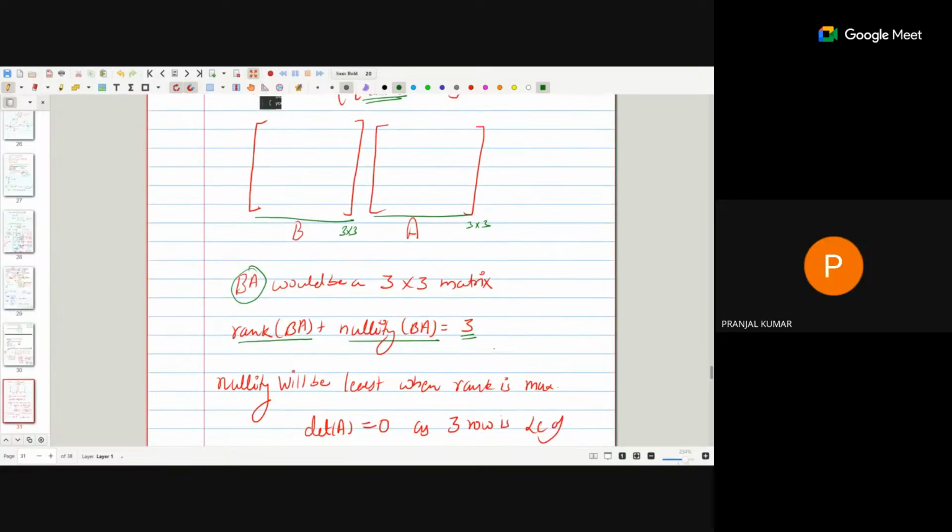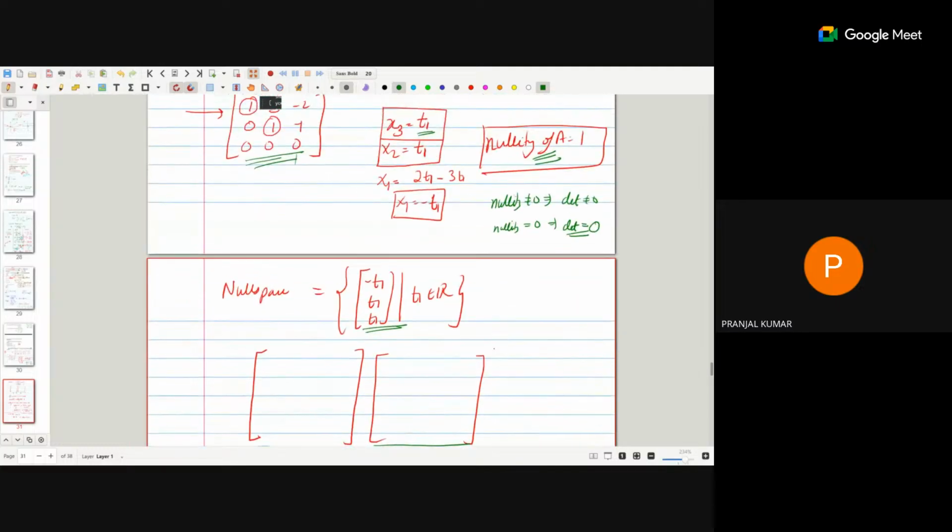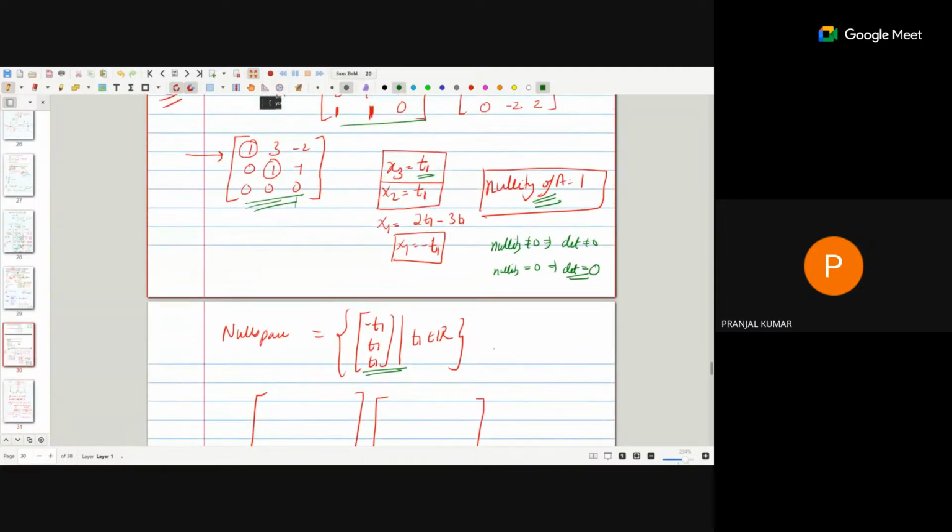Now what is the determinant of A? You know that nullity of A is 1, which is non-zero. So determinant would be zero. Sorry, I've written it wrong here.